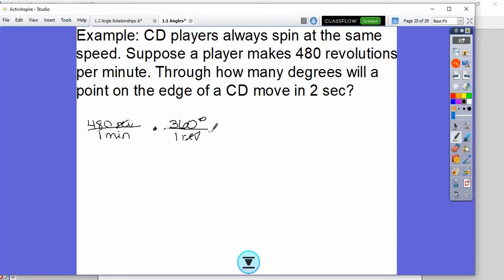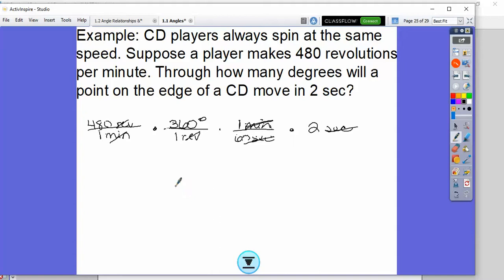I'm talking about seconds, so I'm going to put 1 minute on top over 60 seconds. And I know that it moves for 2 seconds, so multiply by 2 and those seconds cancel. Then all you're left with is the degrees.